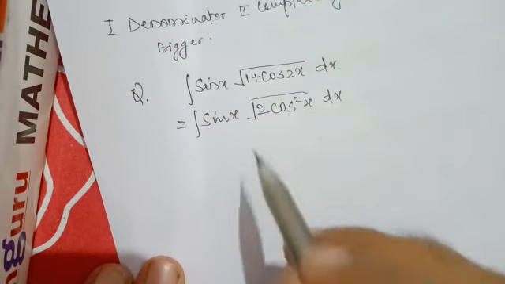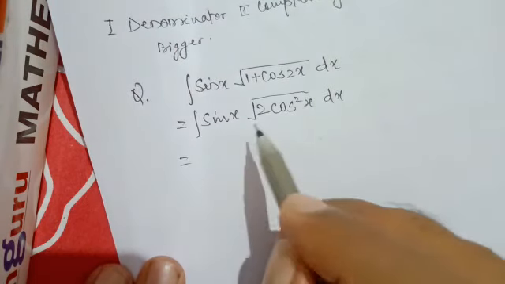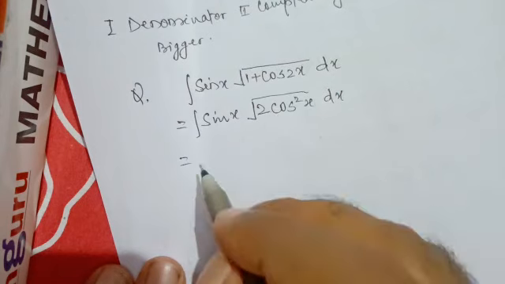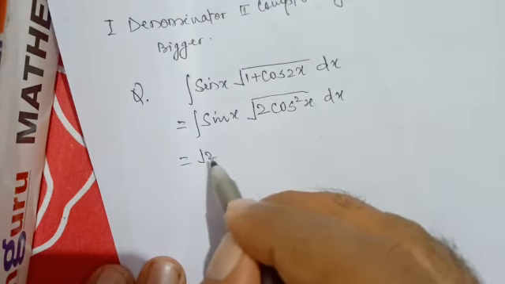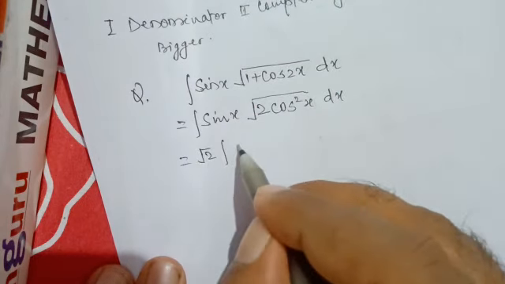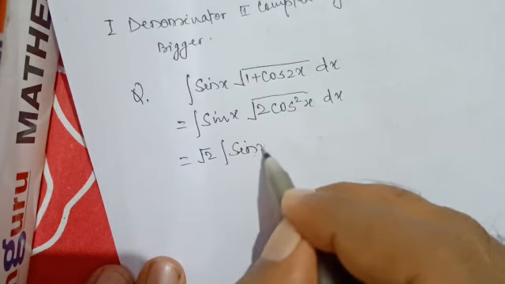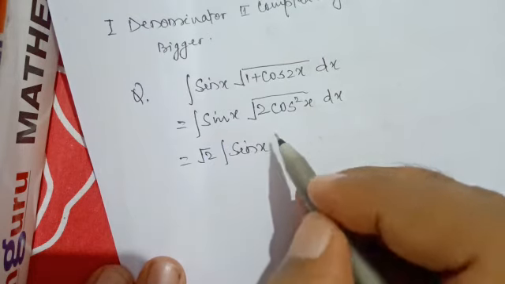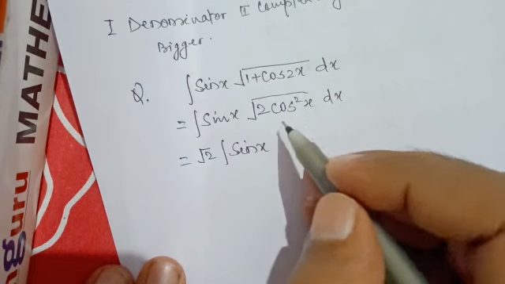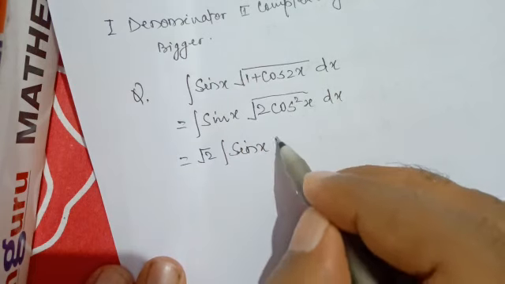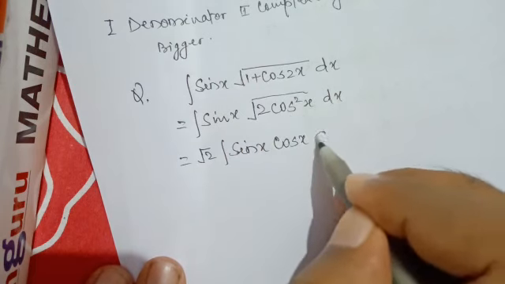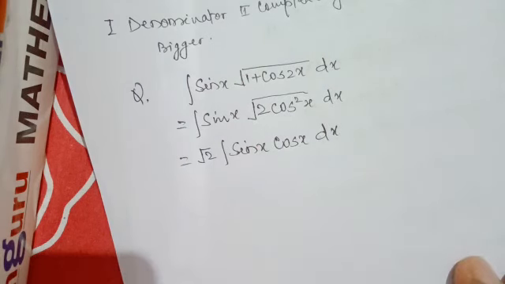Calculate its square root, then root 2, which is a constant, comes outside the integration, and now the term becomes sin x, which is already here, and the square root of cos square x is cos x dx.